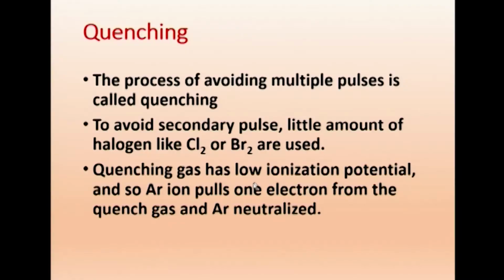Instead of going to the cathode to get an electron, it just takes an electron from the nearby halogen, because that halogen is ready to give. Why is it ready to give? Because it has low ionization potential. Let us read this again: the quenching gas has low ionization potential, and so the Ar ion pulls one electron from the quench gas and gets neutralized. So, it is neutralized.